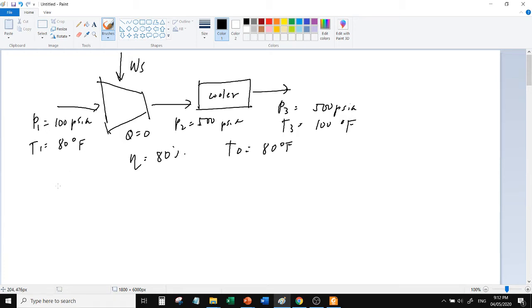Now, just like the problem before, the best practice is to make a table of the H and S properties of methane at the different points.